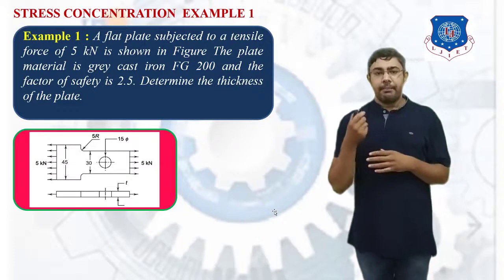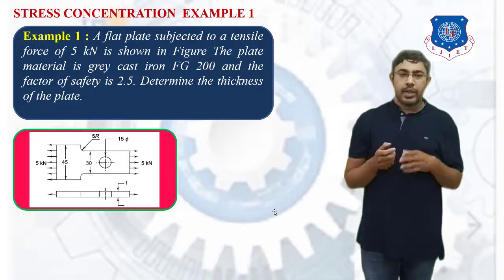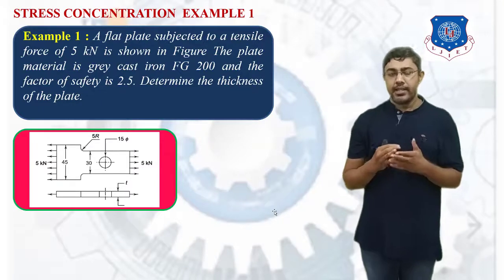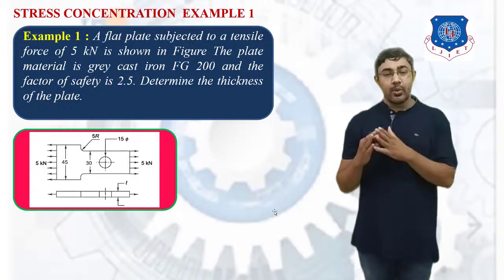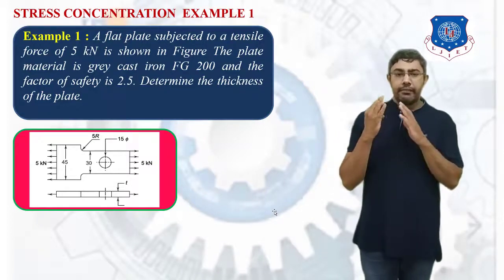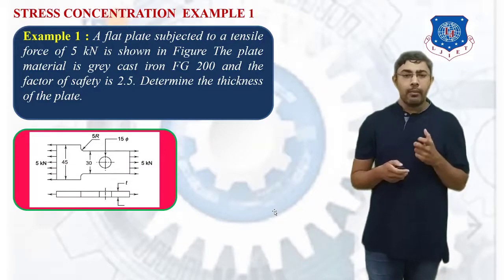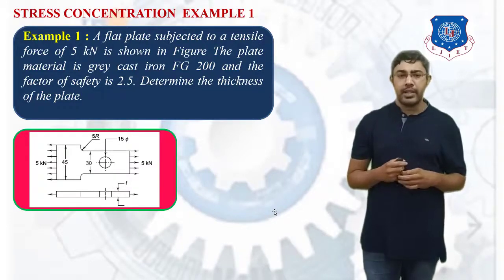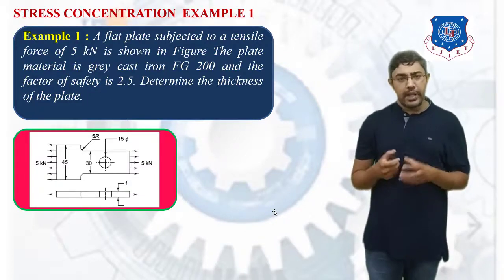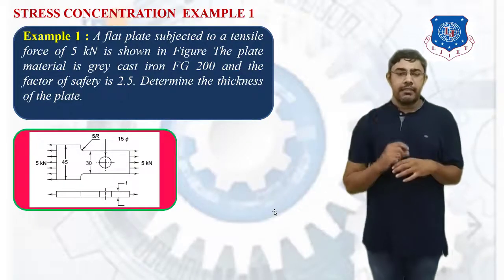The plate material is grey cast iron FG200, so the ultimate strength SUT is 200 Newton per mm square, and the factor of safety is 2.5. In this problem we have to consider the factor of safety 2.5 and determine the thickness of the plate, according to the given conditions.